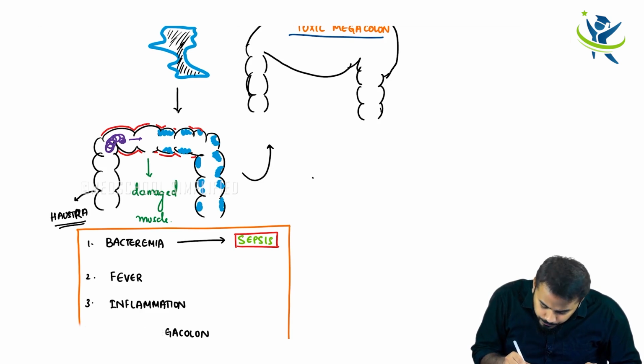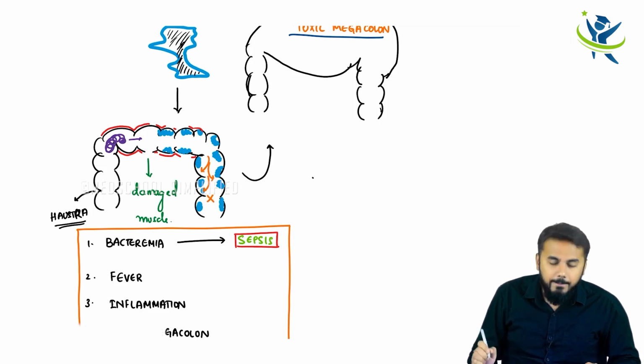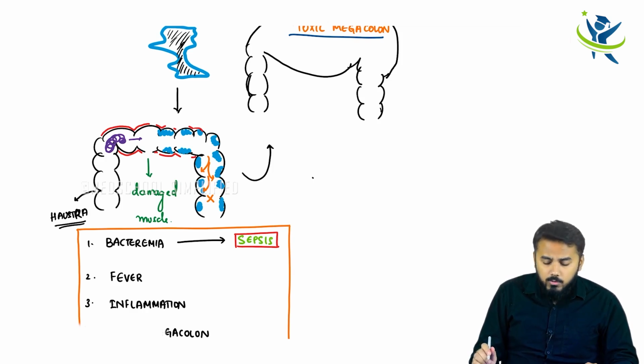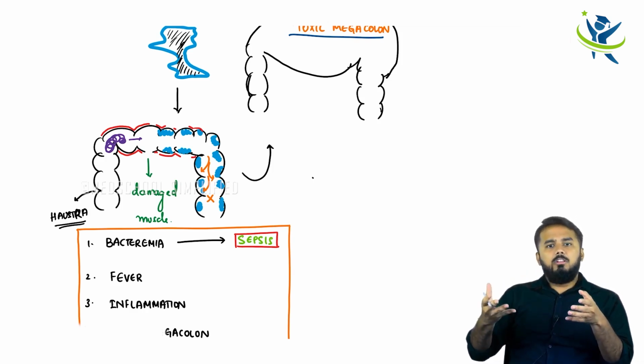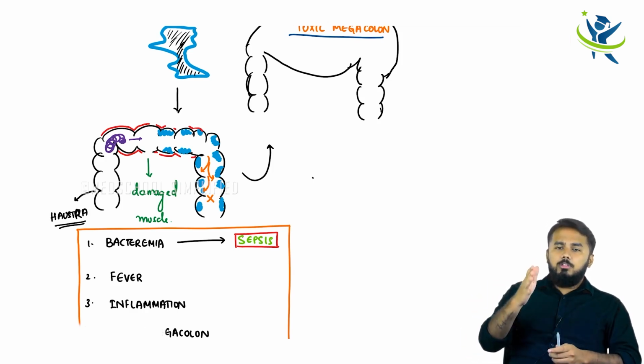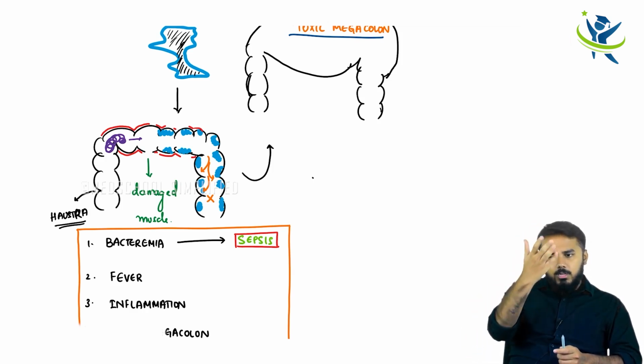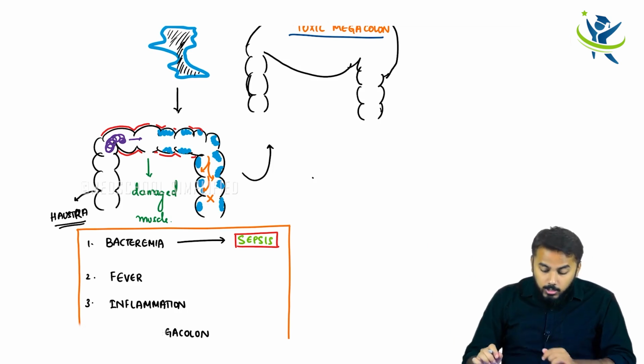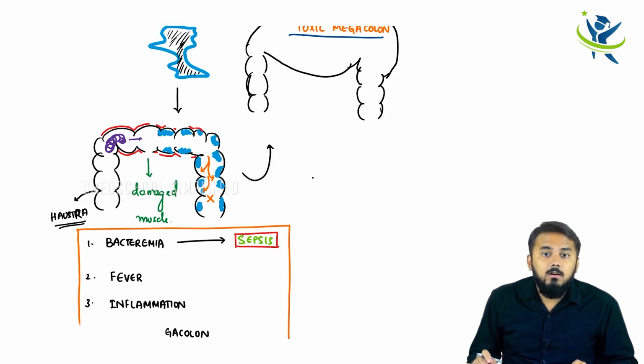Impossible. So this absorption which was happening will not happen now. What will happen is, as the cells are not in a state to receive sodium, potassium, and water, all the sodium, potassium and water along with the chlorine get excreted out. So that will cause watery diarrhea in a patient.